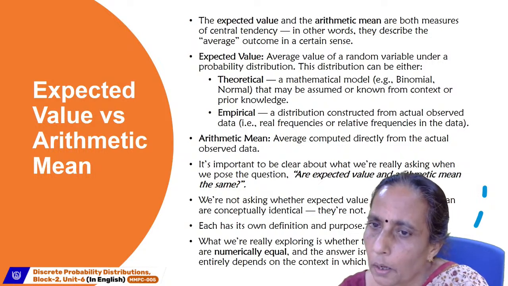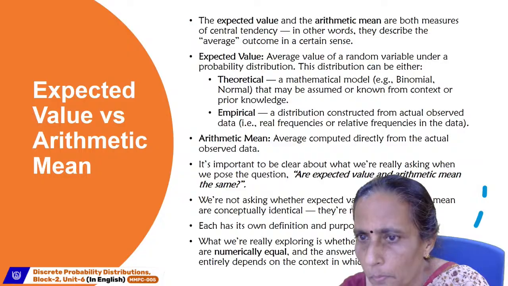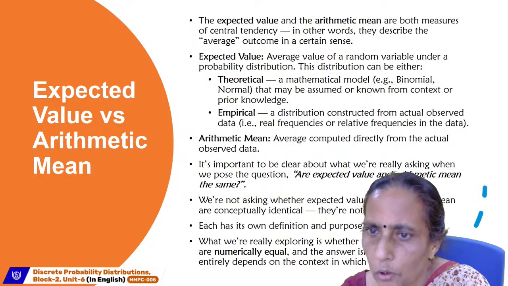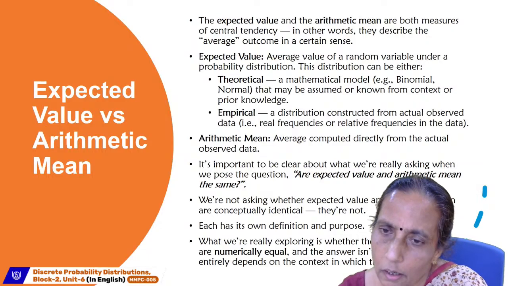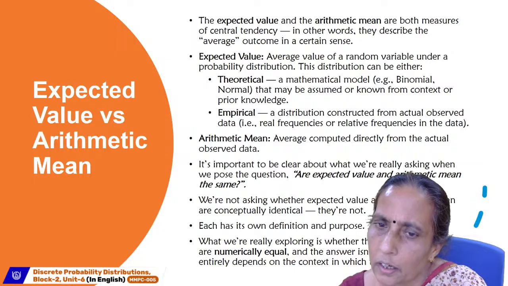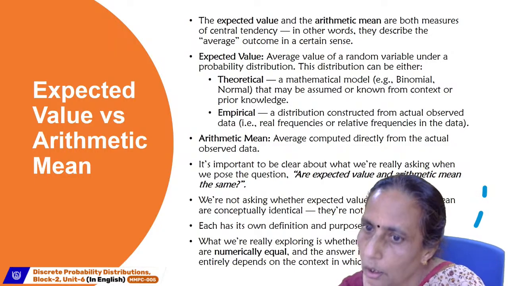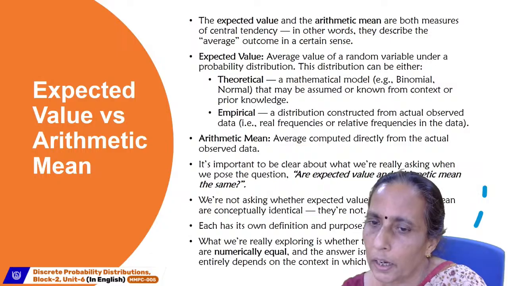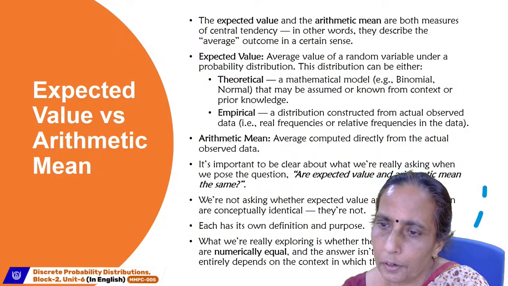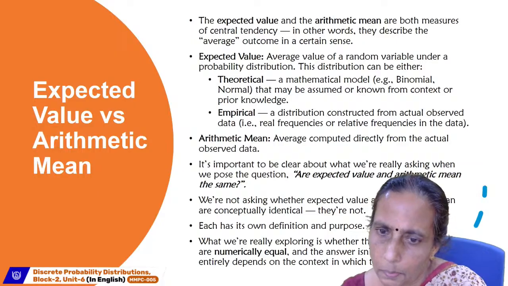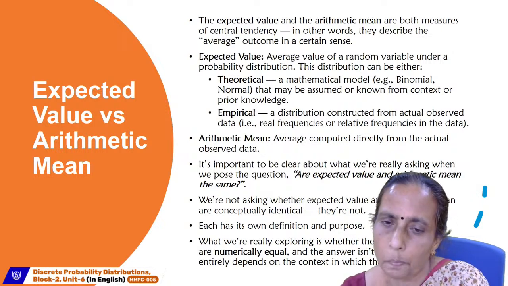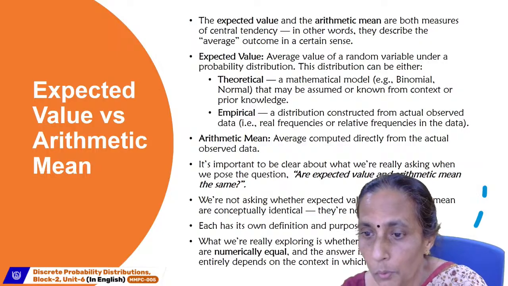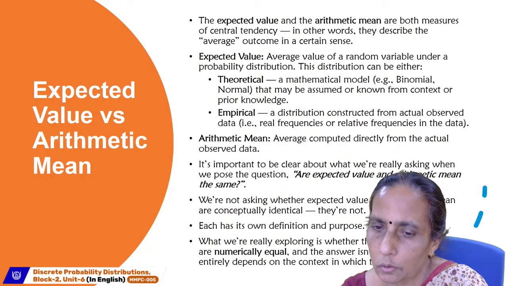By theoretical, I mean it may be taken from a binomial, normal, or other distribution, in context or from prior knowledge. By empirical, I mean a distribution constructed from actual observed data, taking their real relative frequencies. The arithmetic mean, as we have already discussed, is computed directly from the actual observed data.